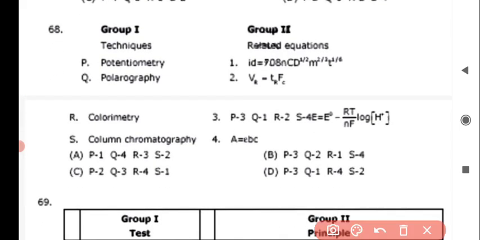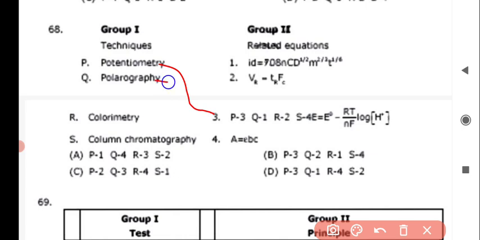Then the next question, group 1 contains the techniques and group 2 contains related equations. For the first technique, potentiometry, the correct answer is option number 3, that is E equals E naught minus RT upon nF log hydrogen ion concentration. Next technique is polarography.